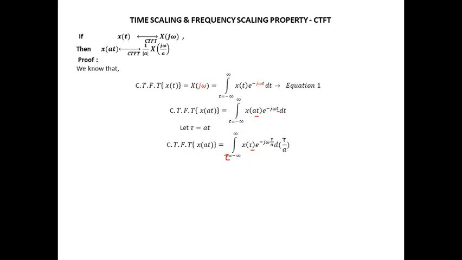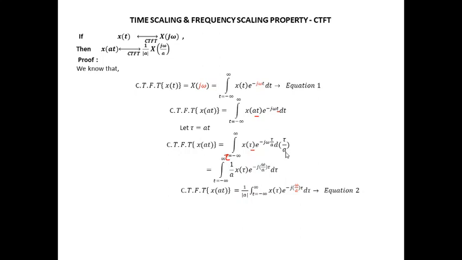So d tau by a, a is going to be a constant, so you can take that constant outside and you will be getting 1 by a, x of tau e power minus j omega by a into tau d tau.